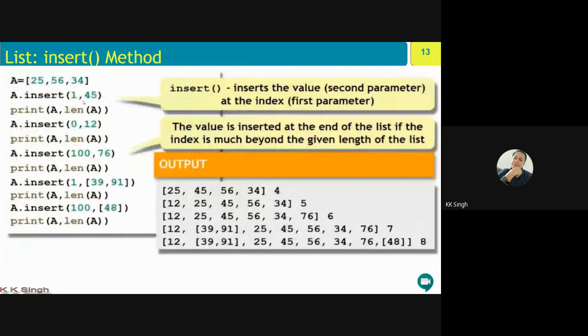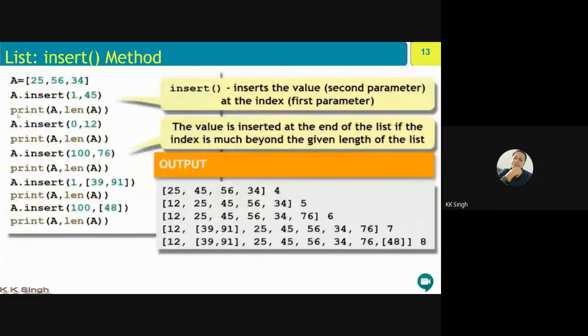Over here, I am going to insert 45 on index number 1. So when I insert 45 at index number 1 and print the list, it will show you 25, 45, 56, and 34, and along with the length, the length of A is 4. So it will show like this: 25, 45, 56, 34, and 4.